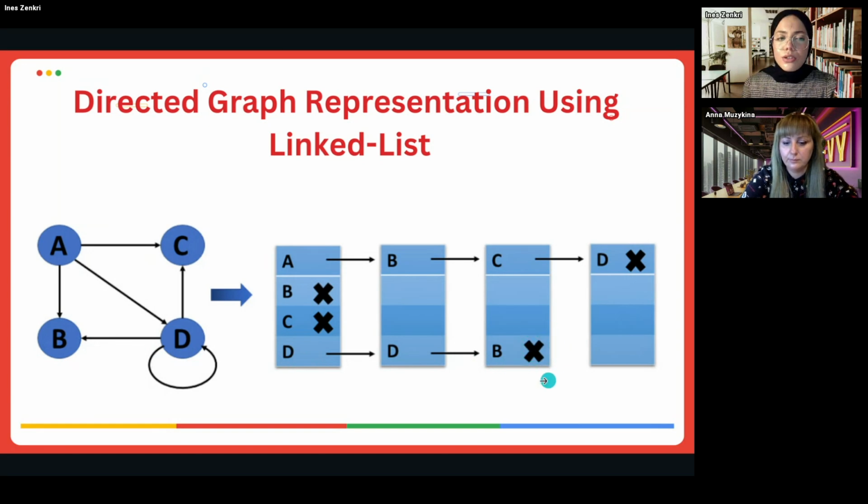So we reach the end of the graph, and it also means that this node actually has no outgoing edges.